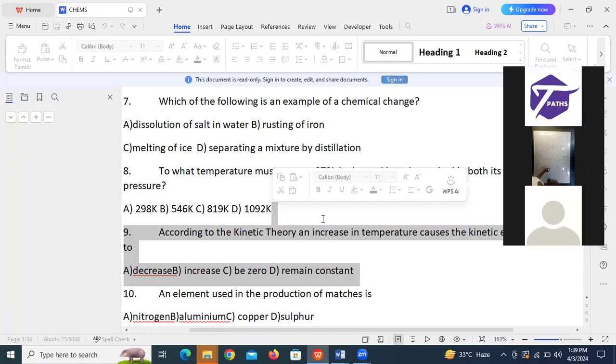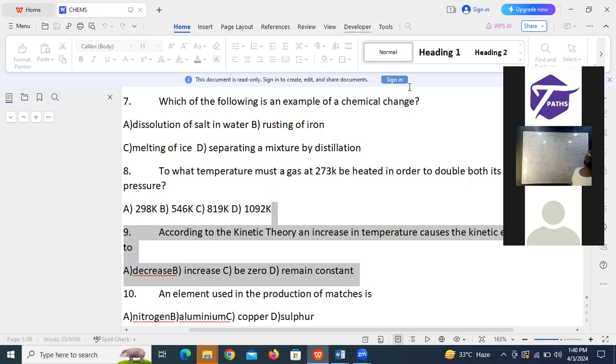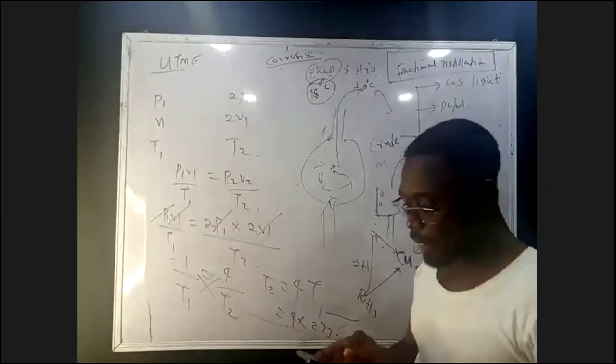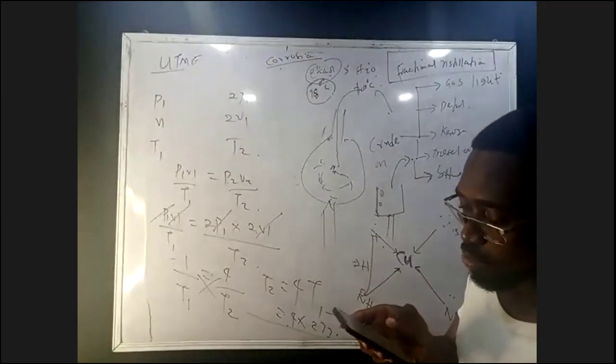If the temperature continues to rise till you get to the boiling point, the particles will get sufficient energy so that some of them will even be able to escape. So when you increase temperature, you are increasing kinetic energy.